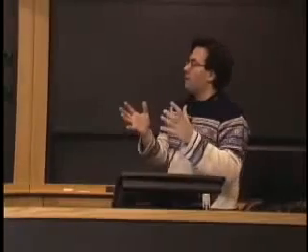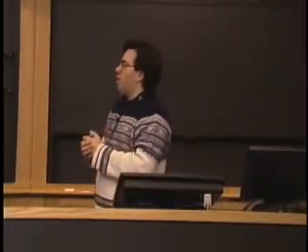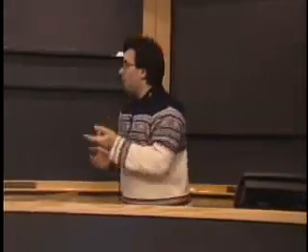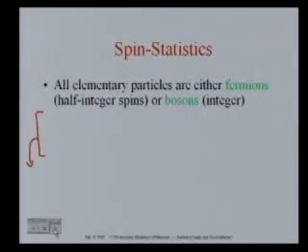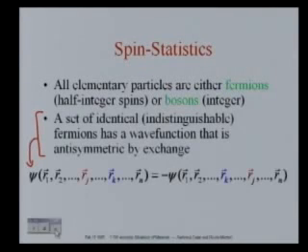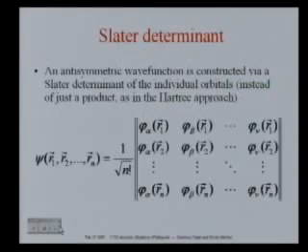Well, what you have is a fundamental symmetry for a wave function describing electrons. It needs to change sign when you invert the two coordinates. And so what the Hartree solution didn't have was exactly this anti-symmetry requirement.